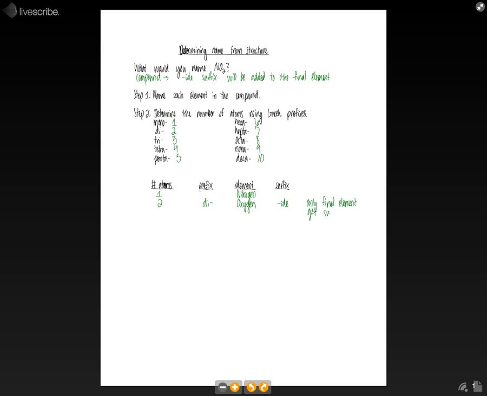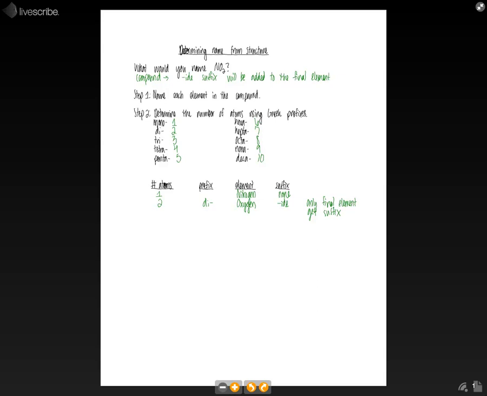So, alright, only the final element gets the suffix. So this means that we will not have a suffix for the nitrogen. And then nitrogen, we said, has 1 atom. So we would think that we would use a mono prefix. However, this is not the case.